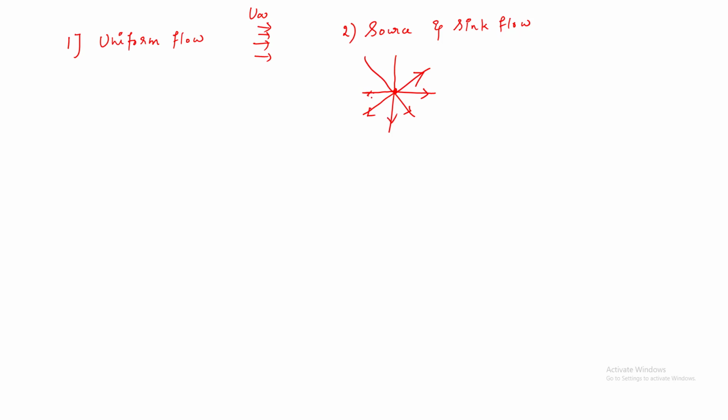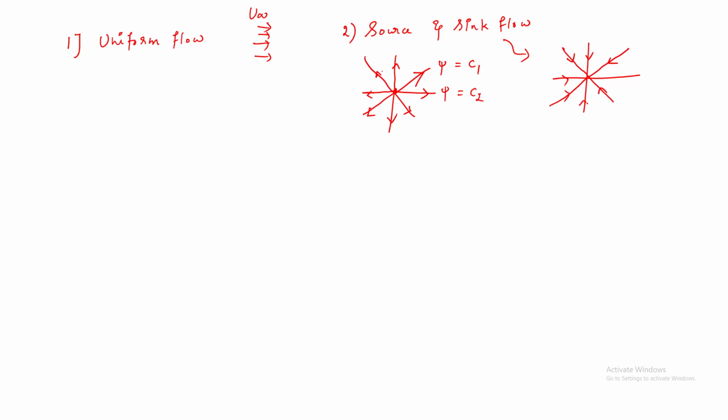The streamlines are coming out, as you can understand from the name. All these streamlines are constants, and you can see C2 and so on. Then the sink flow is all coming into the sink, towards a point.